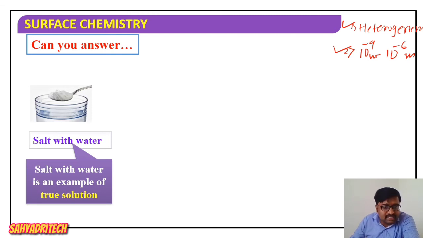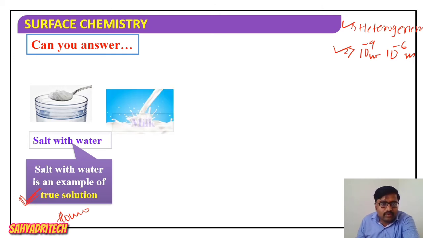Now salt with water is a homogeneous mixture, so it does not fulfill the condition. Then I cannot say it is a colloid. Rather, salt in water is a well-known example for a true solution.